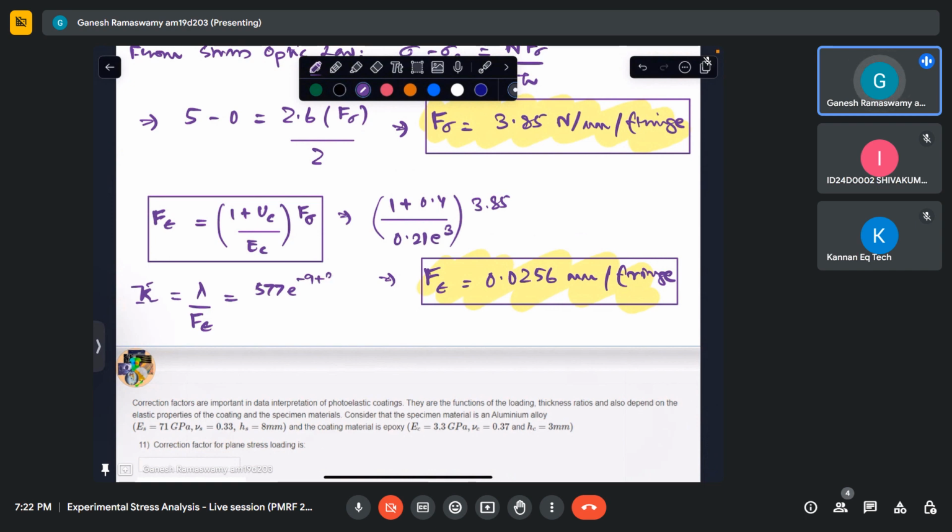So this gives me K equal to 0.0225. Again, this has been asked in this form, so we'll just multiply this by 100. So we have this as 2.25 E minus 2 fringe.